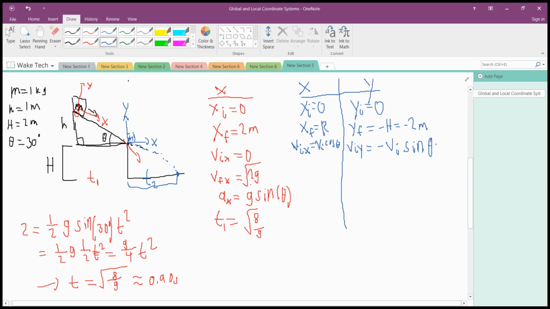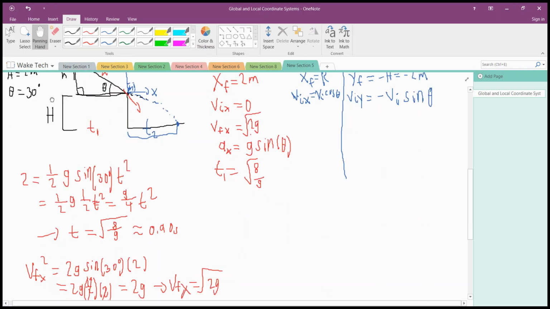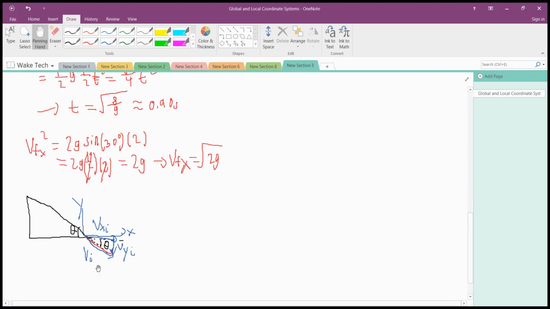All right, but what is v initial? Well, v initial is the magnitude of this vector. The magnitude of this vector is just the v final in our red coordinate system. So as we've discussed on other occasions, the final value in one coordinate system becomes the initial value in the other.